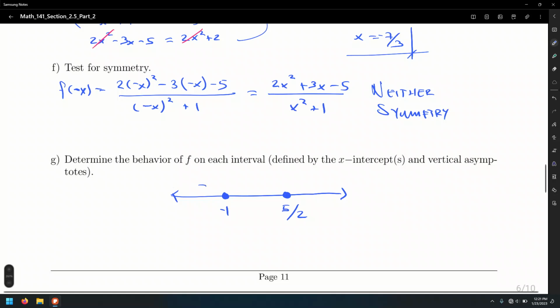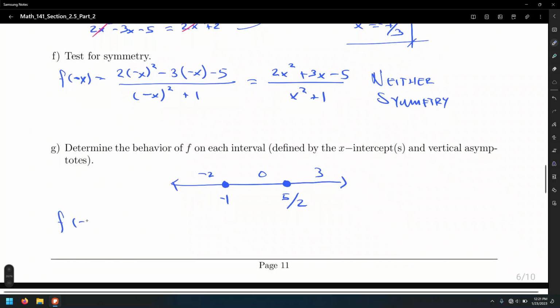So -2, 0. And 5/2 is the same as saying 2.5, so the next easy number to test would be the number 3.